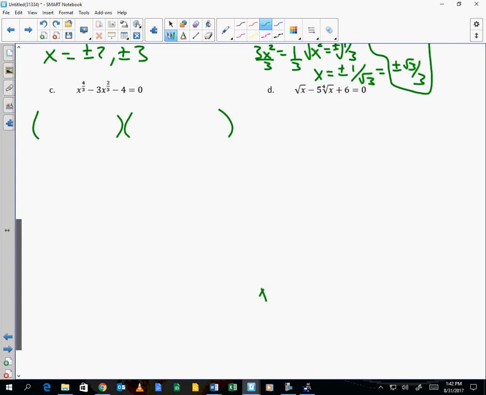X to the 2/3. Because when you multiply, what do you do to the exponents? You add them. This is actually the difference of two squares, isn't it?